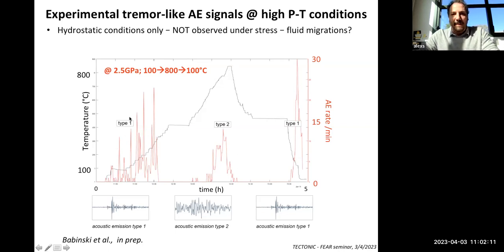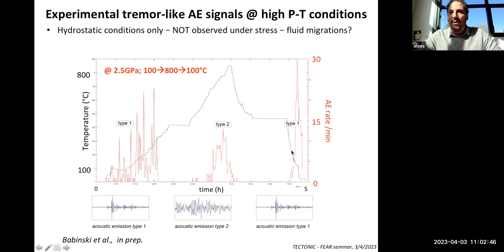And you see that while we're ramping up the temperature, we produce a lot of acoustic emission, in red here. Those are mainly what I will call acoustic emission of type 1, where you clearly see a P and S wave, and they are very impulsive. Then during the phase from 400 to 800 degrees, what we record are these weird signals that I will call acoustic emission of type 2, which are not very impulsive, where it is impossible to distinguish the P and the S wave.